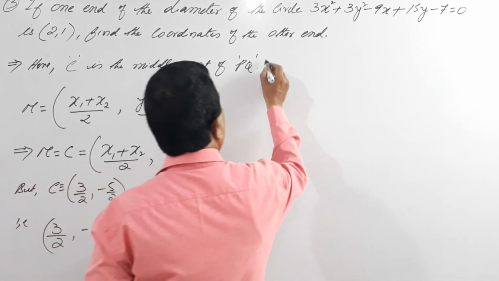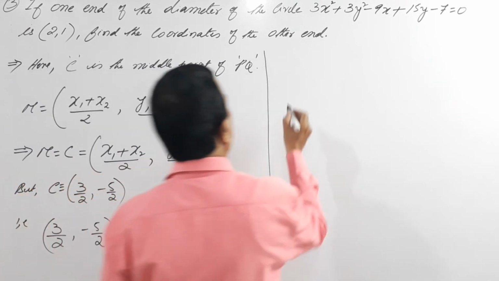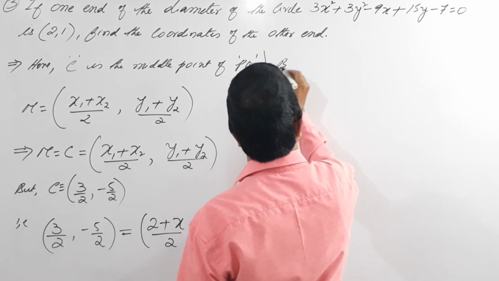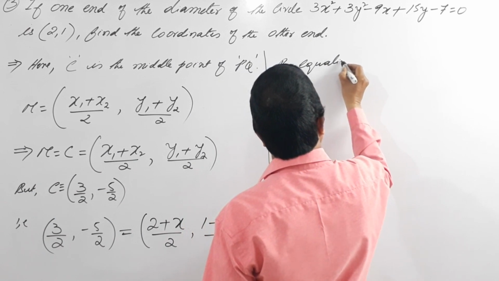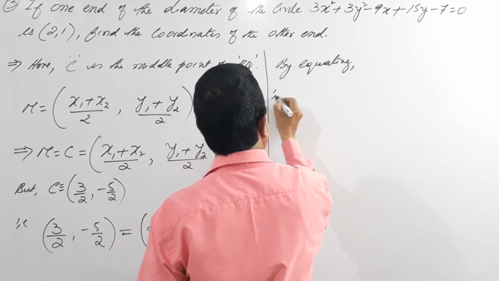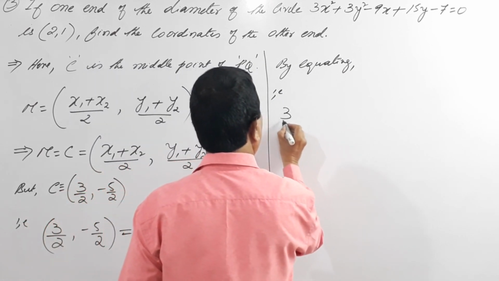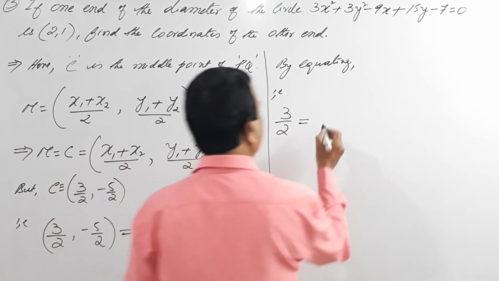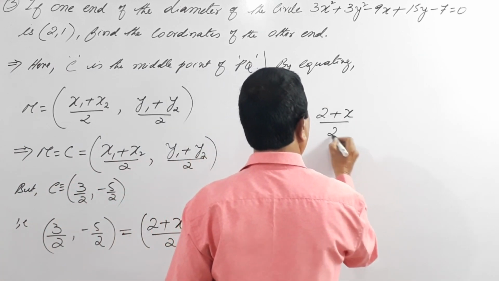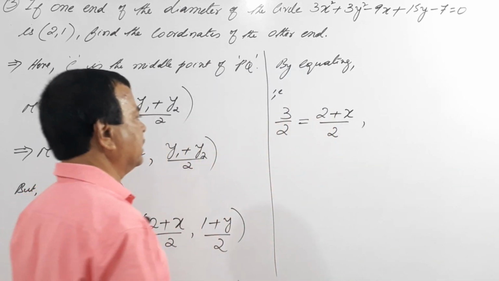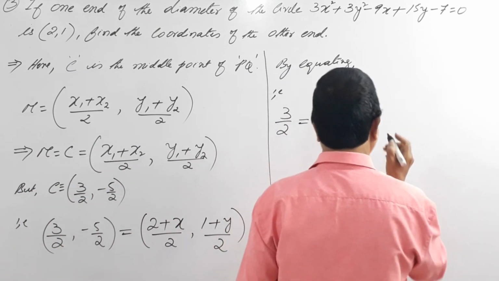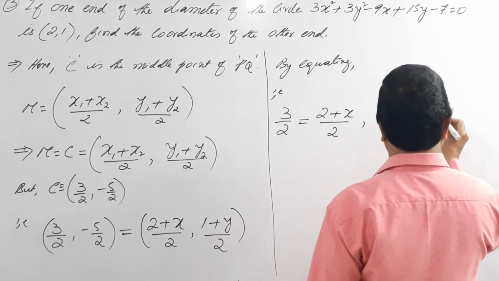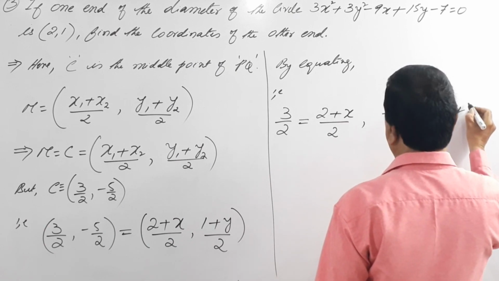By equating, I take the left hand side 3 by 2 equals 2 plus x by 2, comma, and I take minus 5 by 2 equals 1 plus y by 2.